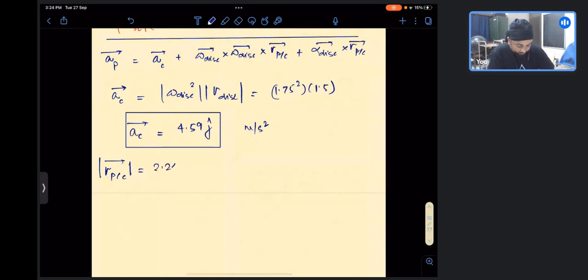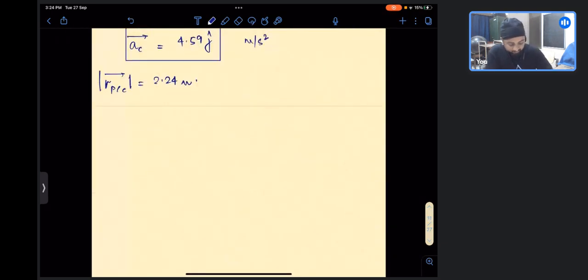If we resolve this into vector form, it comes out as 1.1 minus 1.1 cos 28 i cap plus 1.5 plus 1.1 sin 28 j cap. This can be seen from the geometry.